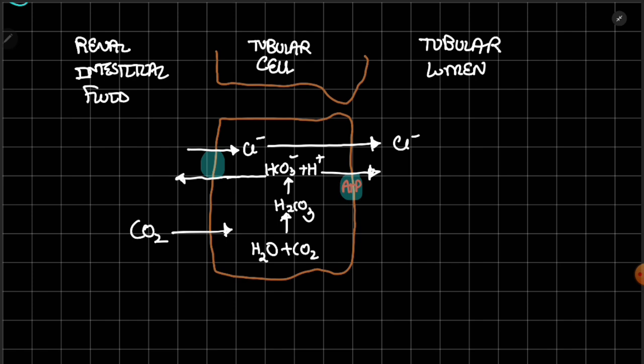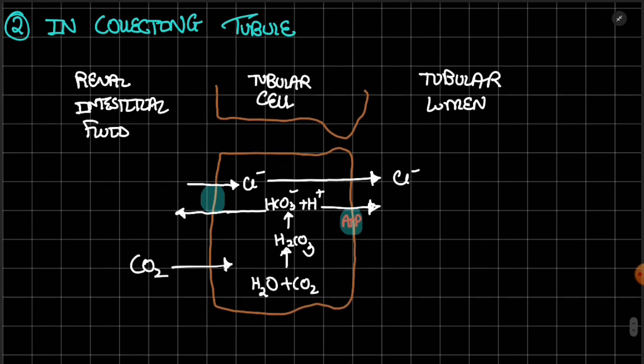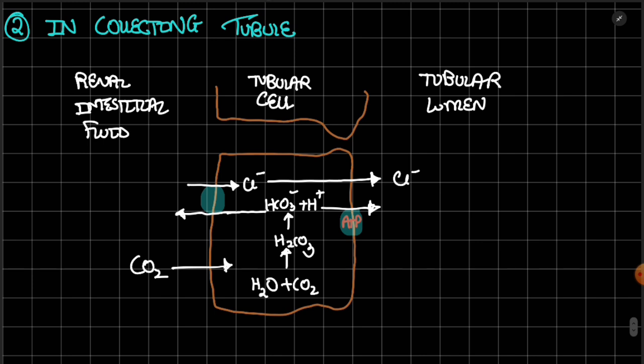So this was all about the acidification in the collecting tubule. Since H plus ions are present in the tubular lumen, the tubular lumen becomes acidic. So if much more H plus is excreted in the tubular lumen, there should be a threshold.